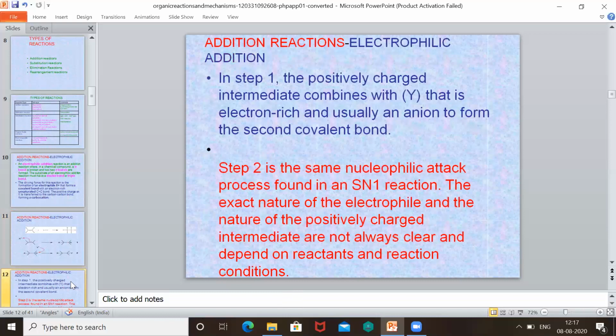So first we have to understand this. Let us see the electrophilic addition reaction. Electrophile means positive. Positive is attacking.